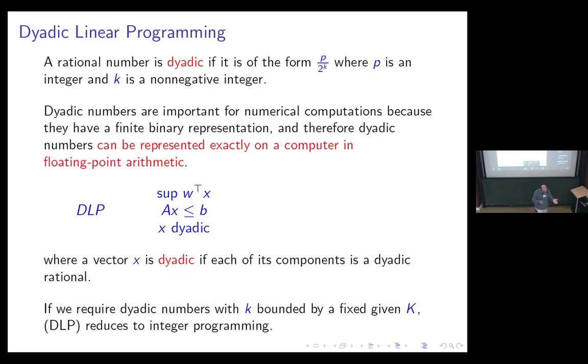So we say that a rational number is dyadic if it is of the form p over 2 to the k, where p is an integer and k is a non-negative integer. Those are interesting numbers because in numerical computations on a computer, you often represent numbers in, let's say, floating point arithmetic, and so we are really interested in finite binary representations.